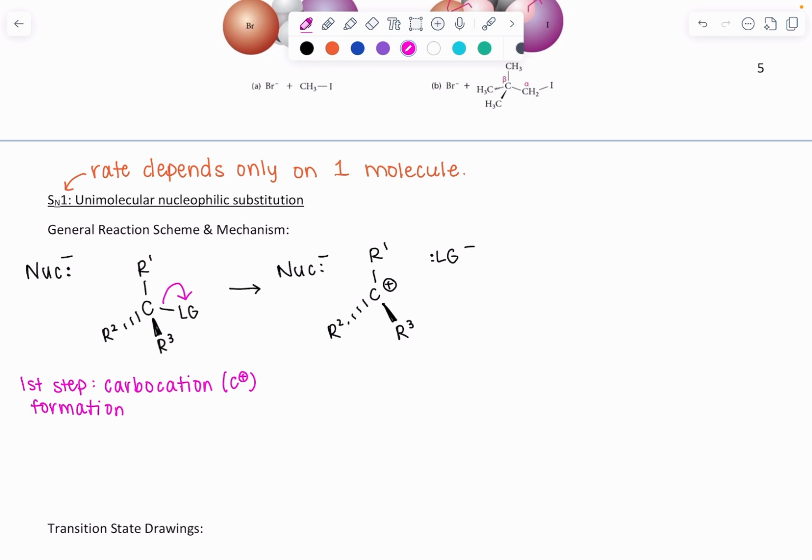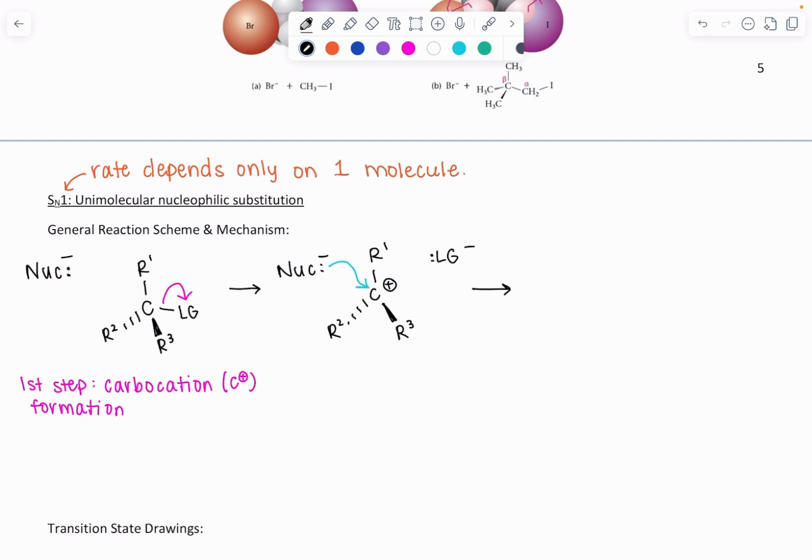Next, now that we've generated this carbocation and removed that leaving group, these R groups have more room to rearrange. The nucleophile has an easier time coming in and bonding to that carbocation. So that is step 2. That will produce the product.